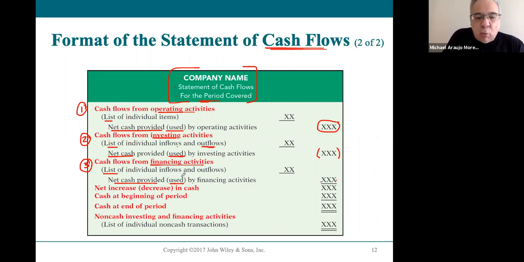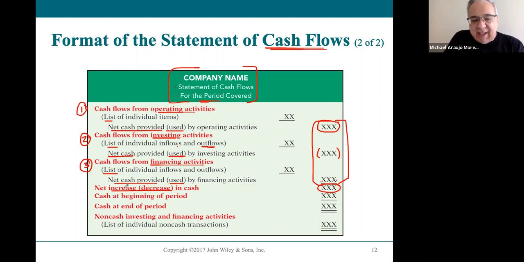Okay. When you add these three numbers up, you're going to get a difference that's listed here as either an increase or decrease in cash for that period of time. So either you have more cash or less cash, based on simply adding these three numbers together.